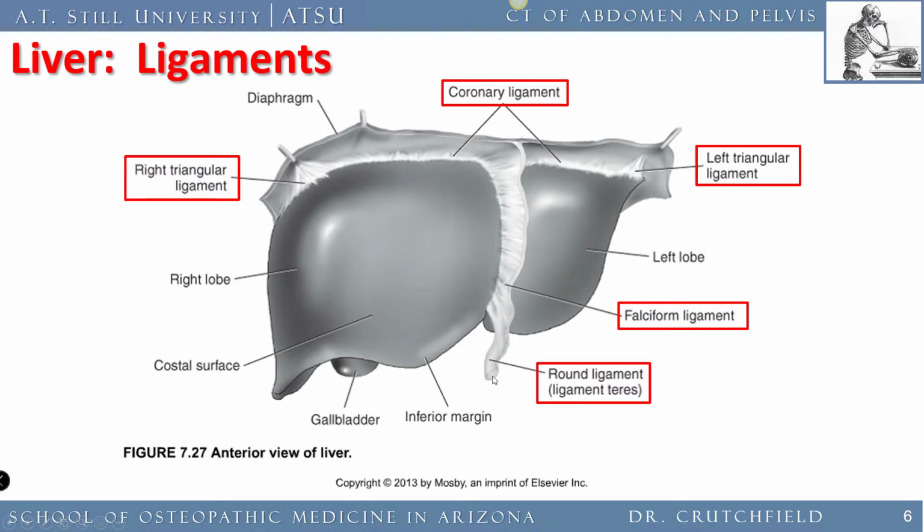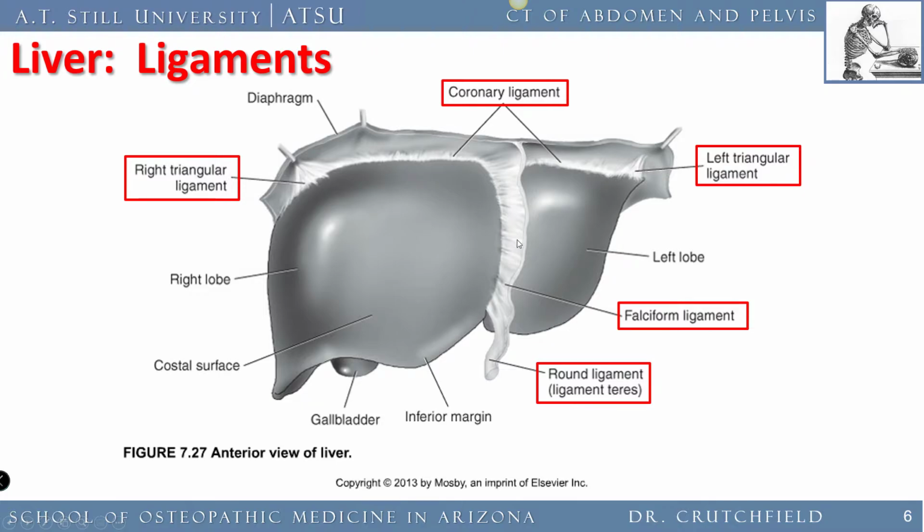And in the most inferior aspect of the falciform ligament, we have the round ligament, also known as the ligamentum teres. And what does the word teres mean? Teres means round. So there's a round ligament of the uterus. That's different. Here we're talking about the round ligament, ligamentum teres, as it goes through the very inferior aspect of the falciform ligament.